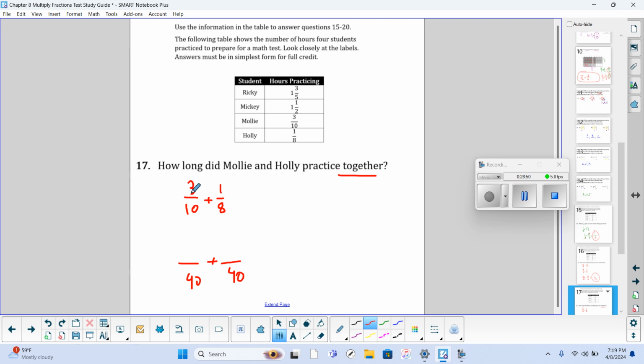So I would take 3, multiply that by 4 to get 12 40ths. For this one, I multiply 8 by 5 to get 40. So 1 times 5 is 5. Add them up. My numerator becomes 17. When you add up fractions, the denominator stays the same. 17 40ths of an hour is how long they practiced together.